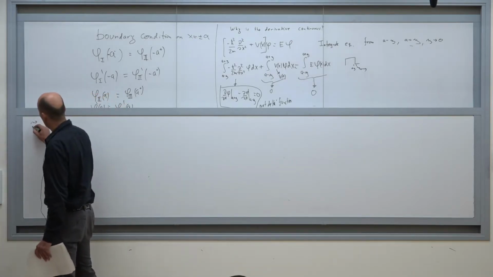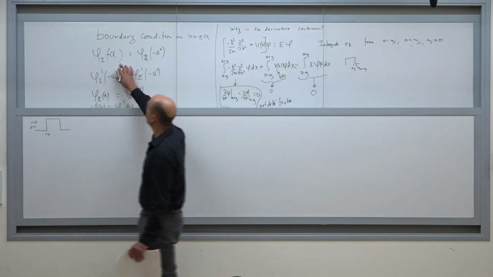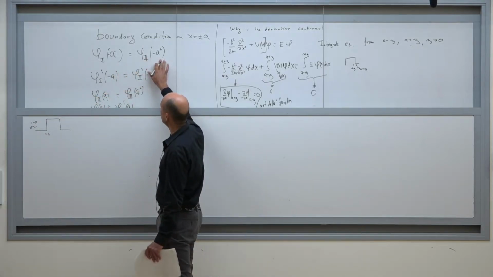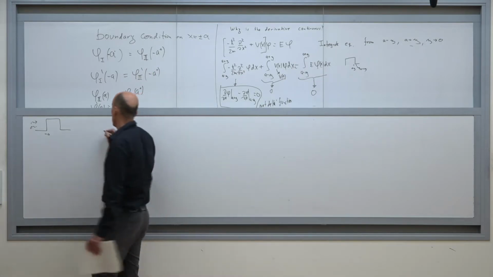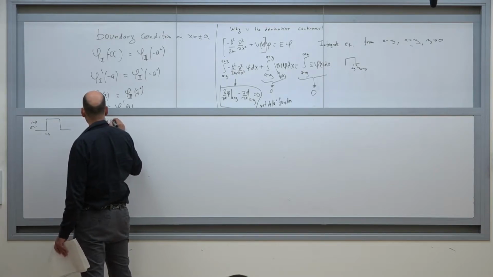Here I have these two waves coming in. So this one, phi 1 at A minus and A plus, around this point, I have here A e to the minus i k A.